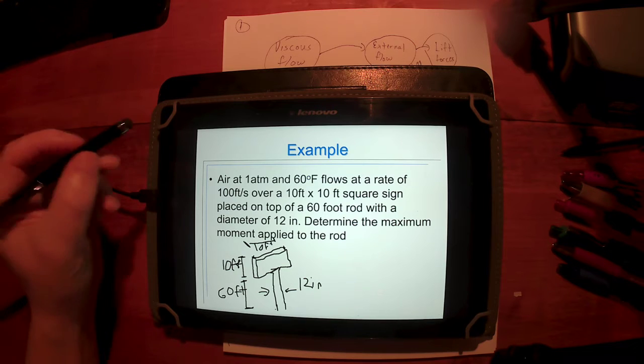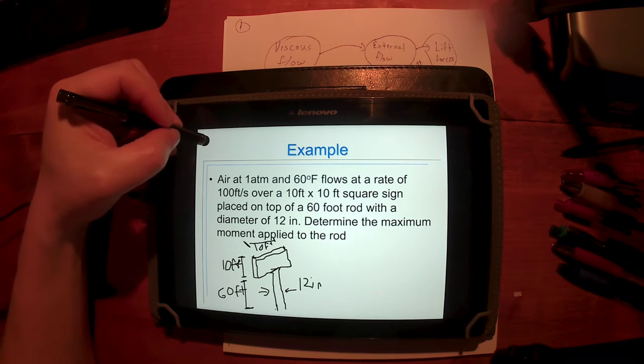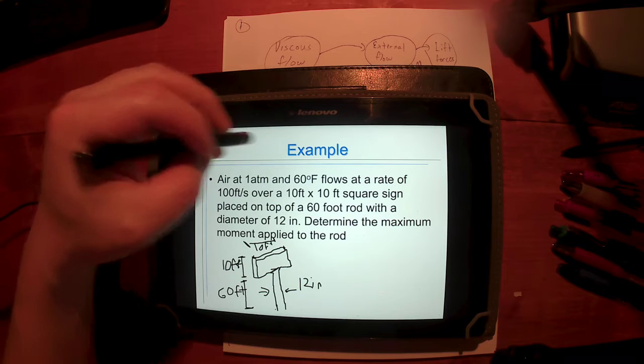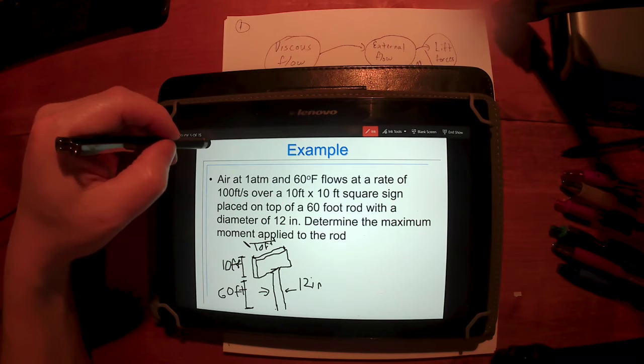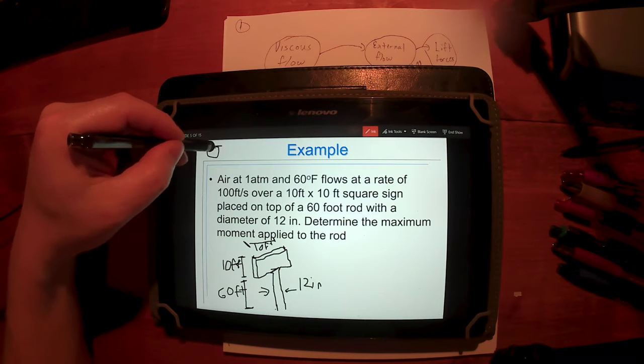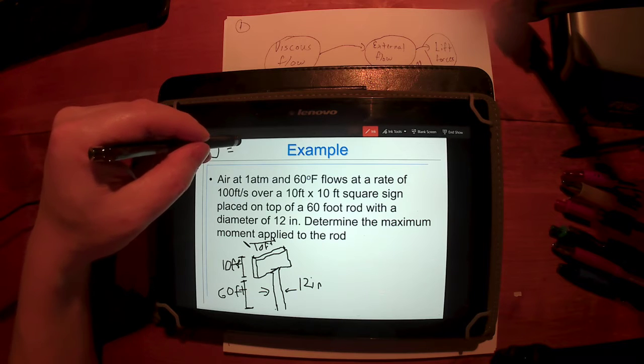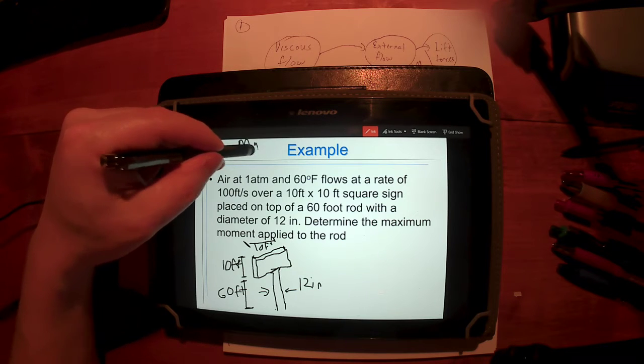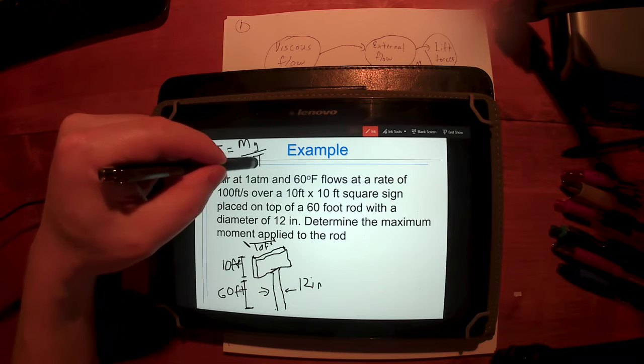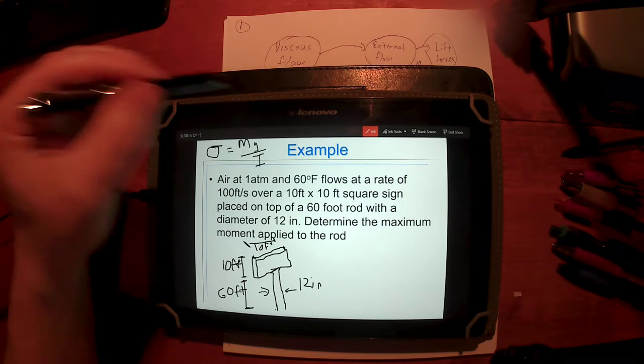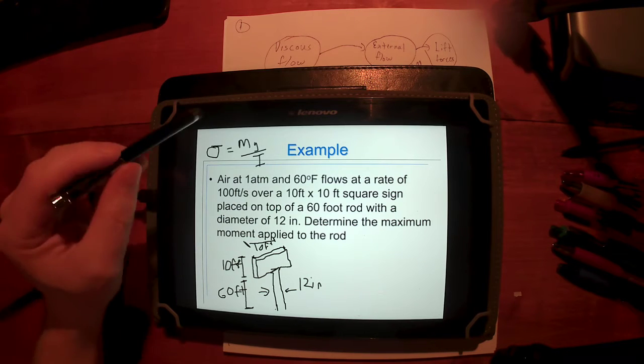Well, in strength of materials, you're sometimes going to try to find this quantity called stress, which a lot of times we'll represent with sigma. Sigma is going to be found with My over I. Some of you guys have already had strengths, so maybe you already know this.